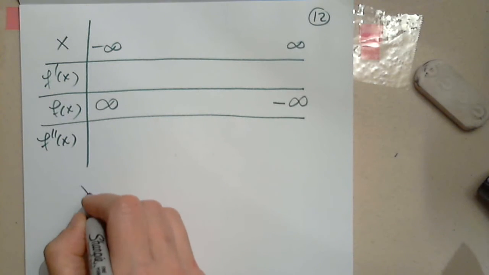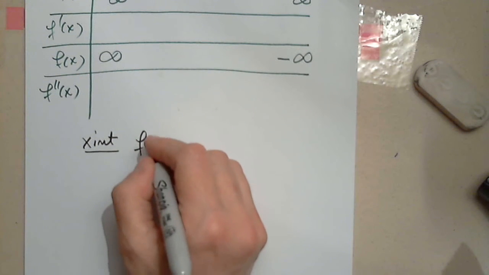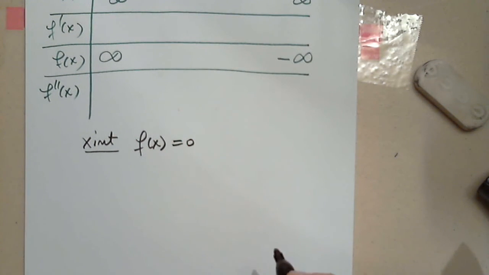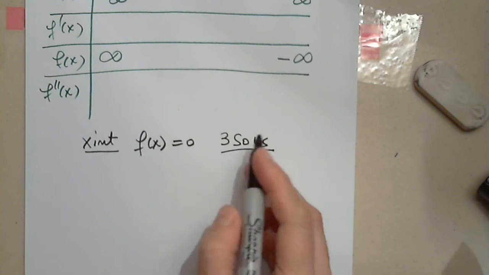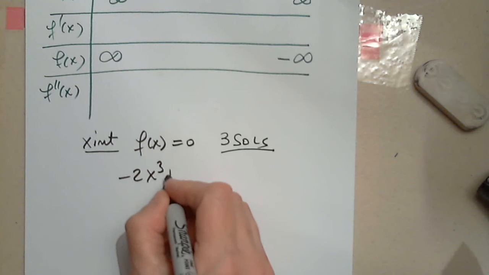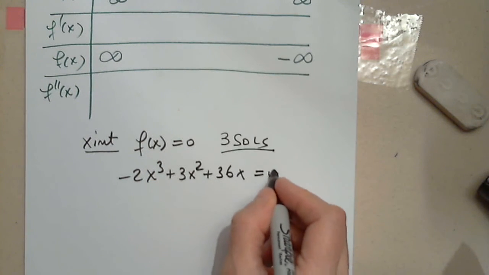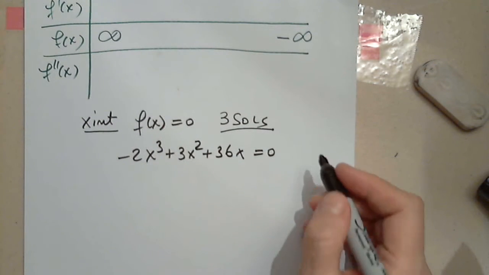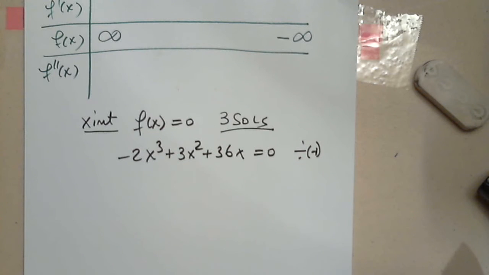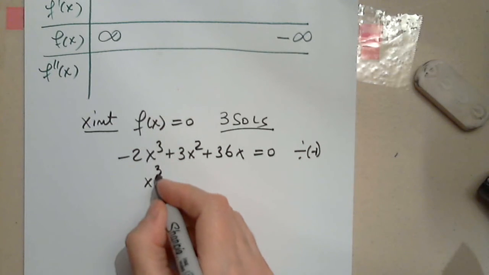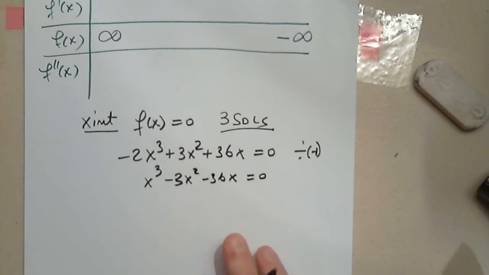We need to determine the x-intercepts, which means f of x equals 0. Since it's degree 3, I hope for 3 solutions. So negative 2x cubed plus 3x squared plus 36x equals 0. Yes, I will divide both sides by negative 1, and I get x cubed minus 3x squared minus 36x equals 0.